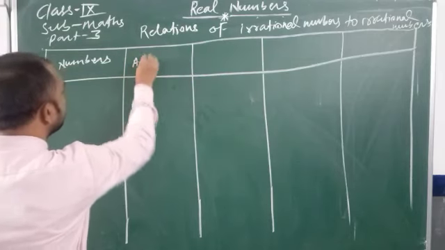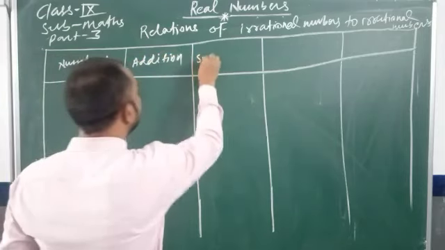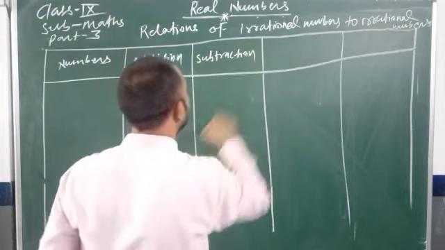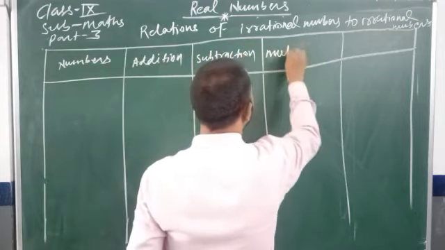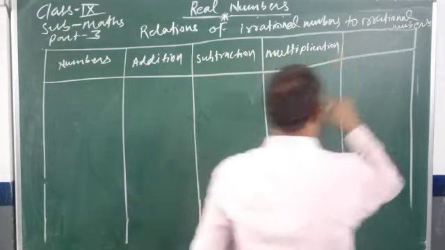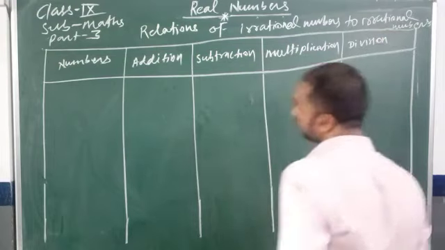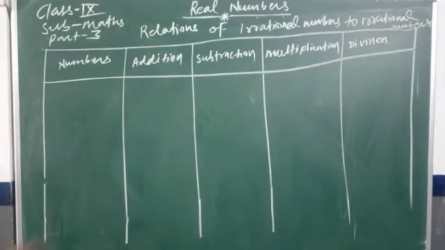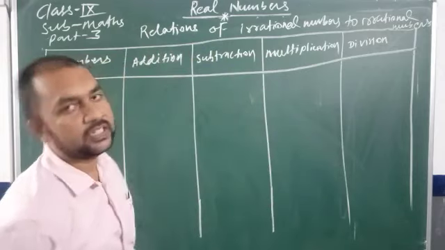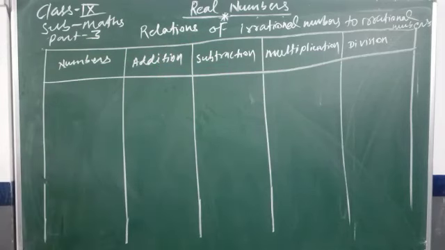The first operation is addition. The second one is subtraction, the third one is multiplication, and the last one is division. As I have already mentioned, the relation is between only irrationals to irrationals, so we will take examples of only irrational numbers.